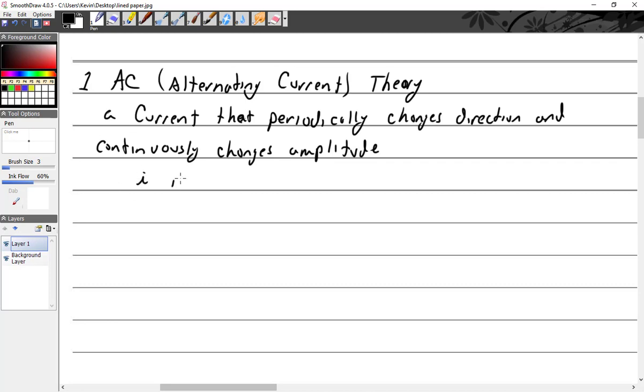And that is as opposed or compared to DC, which stands for what? Direct current, that never changes direction or magnitude.